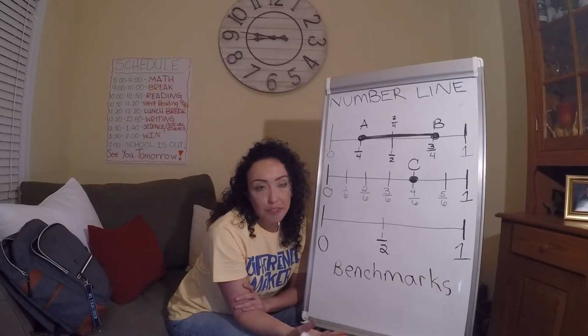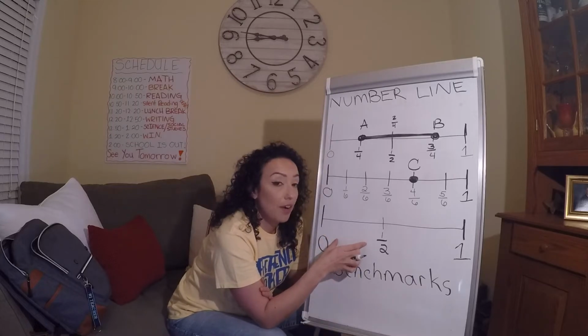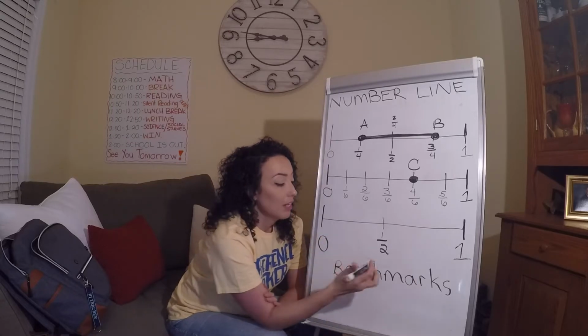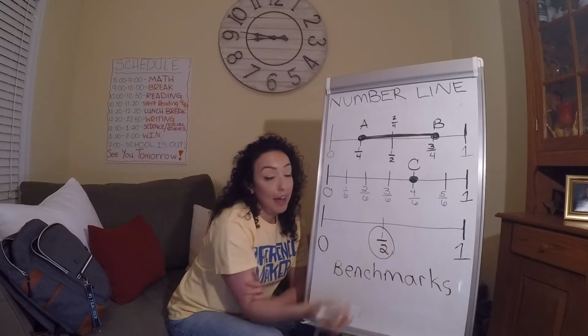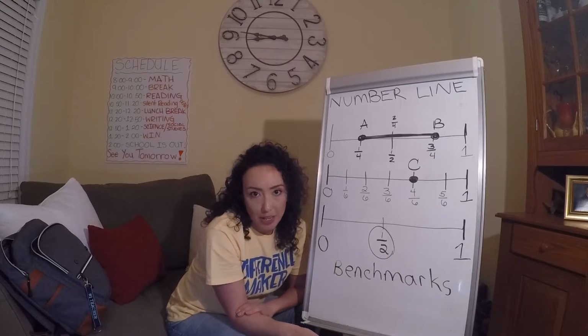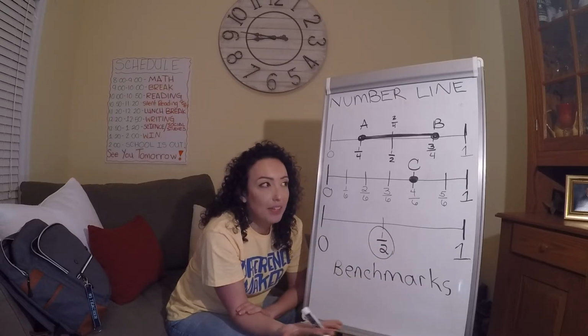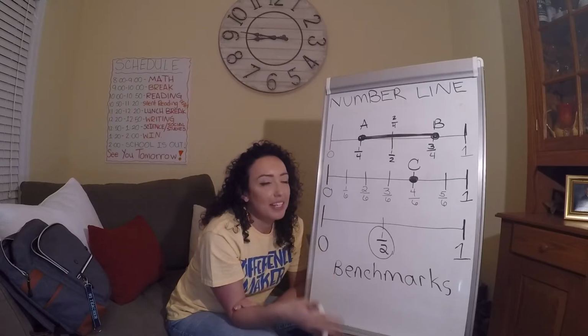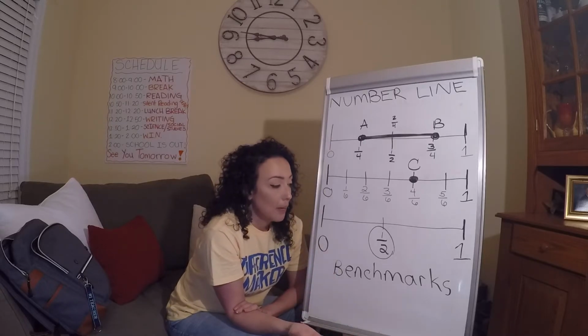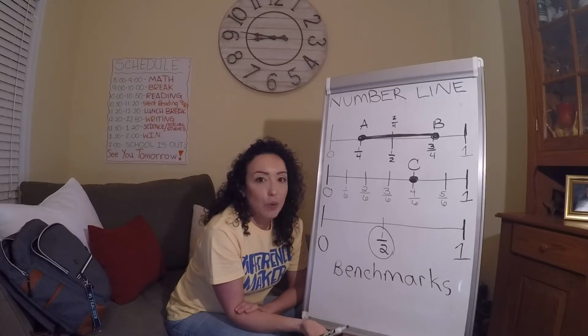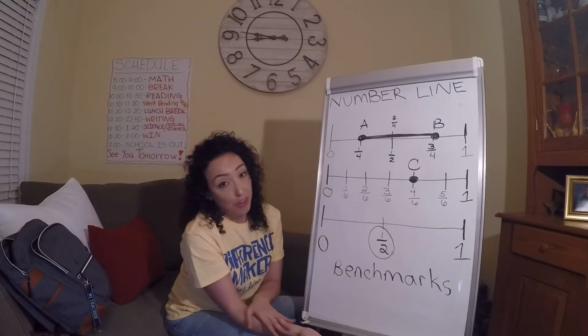Always tell yourself where on the number line something might fall. You should be able to find what half is no matter what the denominator, because you can always cut the denominator in half in your head and identify what the numerator would need to be.